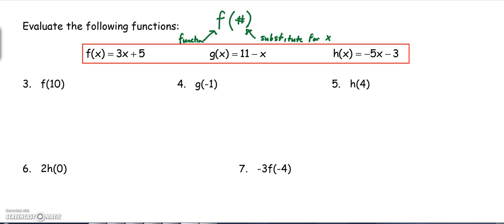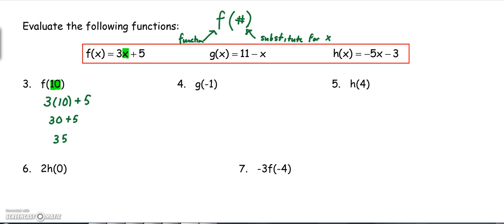So we're going to use the f equation and substitute 10 in for x. Everything else stays the same, so it now becomes 3 times 10 plus 5, and then we're just going to evaluate. Using order of operations, 3 times 10 is 30, plus 5 gets me 35.